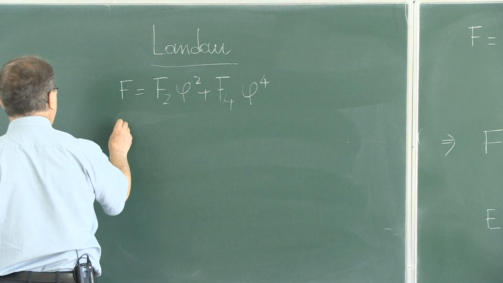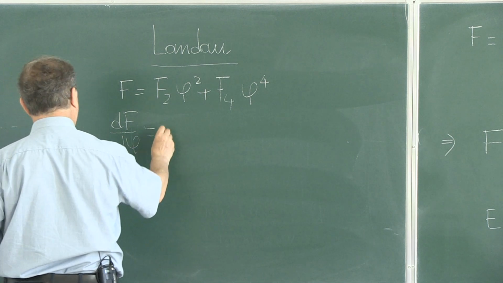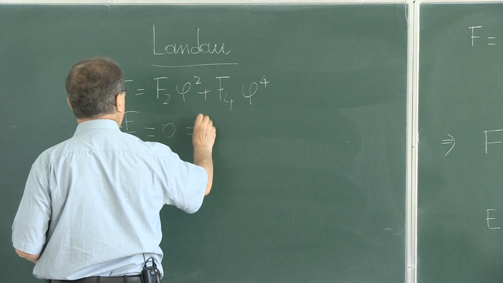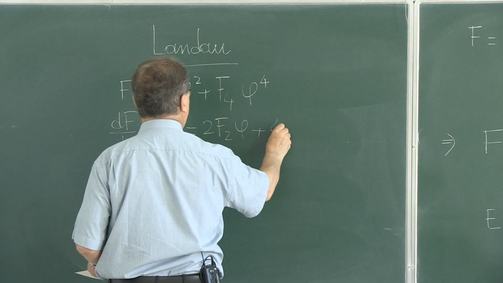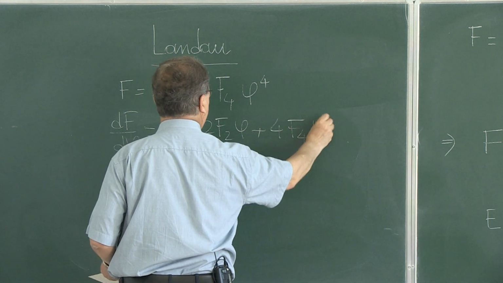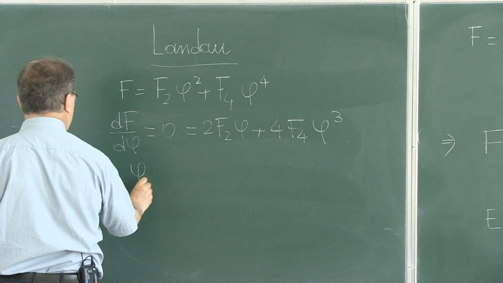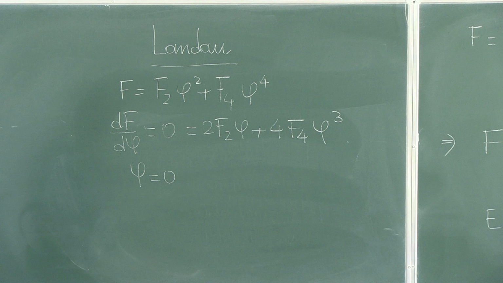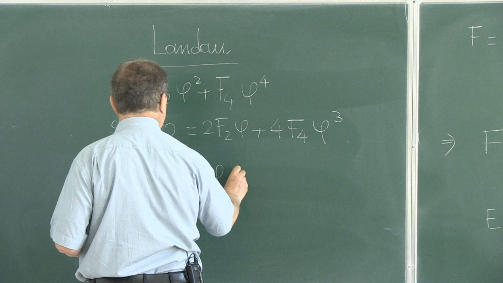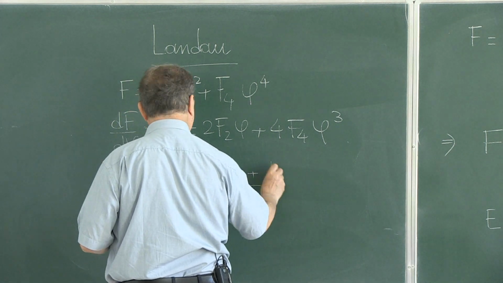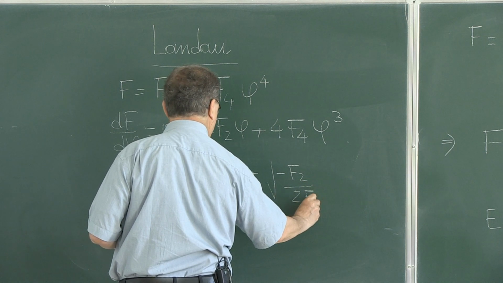And if we take the derivative and put it equal to 0, it is 2 f2 phi plus 4 f4 phi cubed. So one of the solutions is phi equals 0. The other solution is phi equals plus or minus the square root of minus f2 divided by 2 f4.